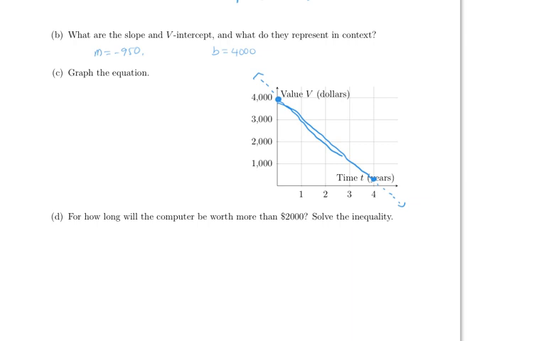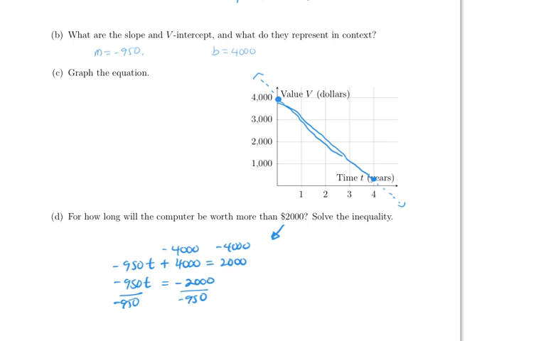So if we go here, you want minus 950t plus 4,000 to equal 2,000. That's what this is asking you. So if you solve for t, this will be minus 2,000. How do I get minus 2,000? Well, subtract 4,000 from both sides, and then divide by minus 950.